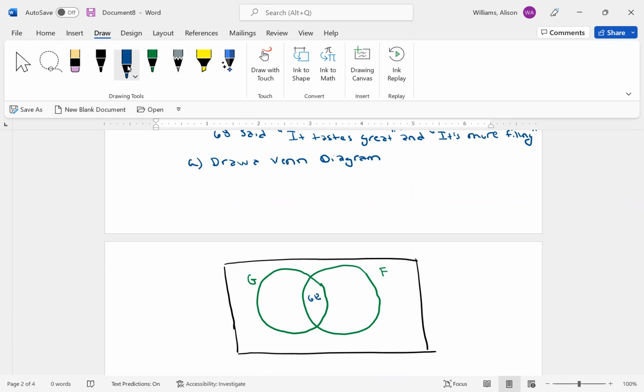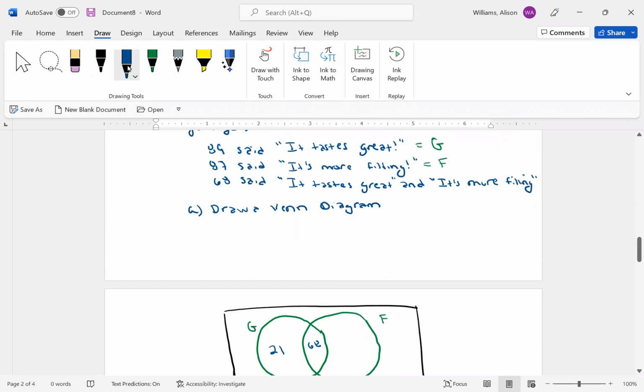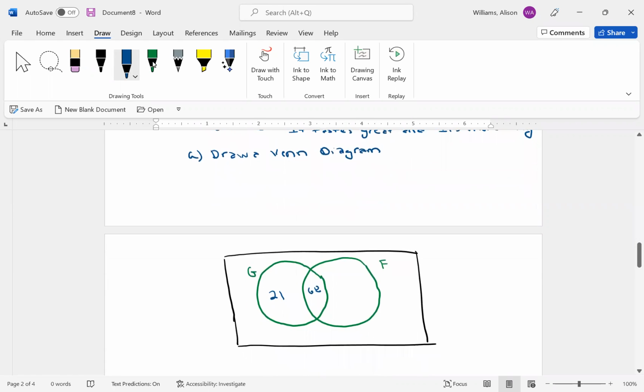And I get 21. So what that means is there were 21 dogs who said it just tastes great. I don't think it's filling, it just tastes great. But there were 68 dogs who said it tastes great and it's filling. So together, those two combine to be 89. All right. So that's where the 21 is coming from. We are taking 89 and minusing 68.